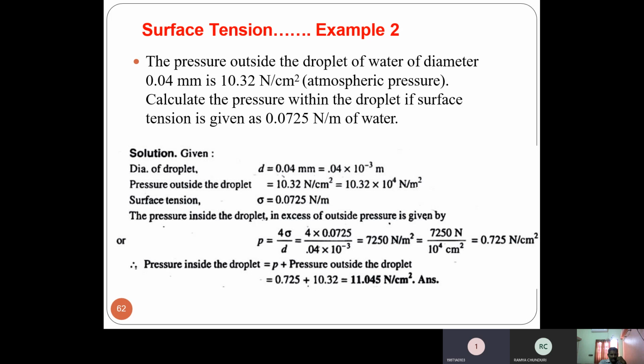Okay, what is the given thing? The pressure outside of the droplet of water. He mentioned a droplet, okay, a droplet of water.